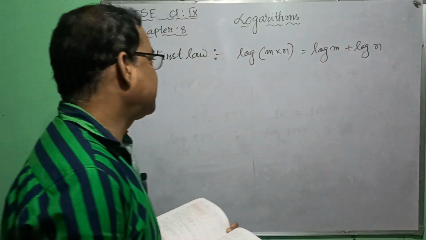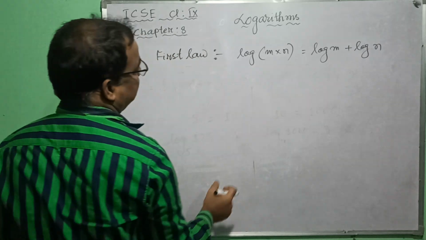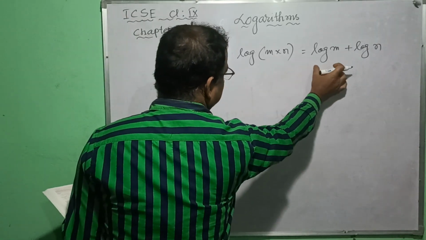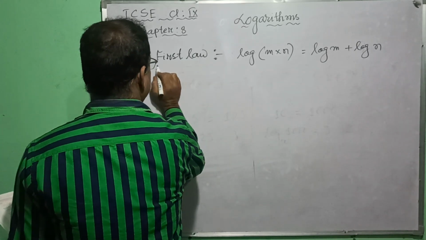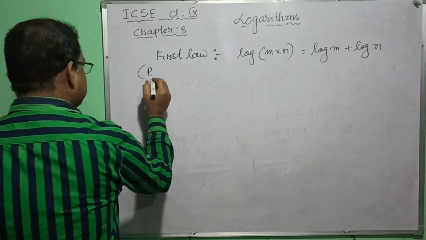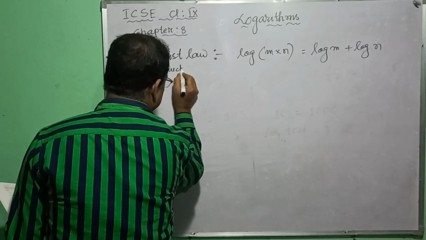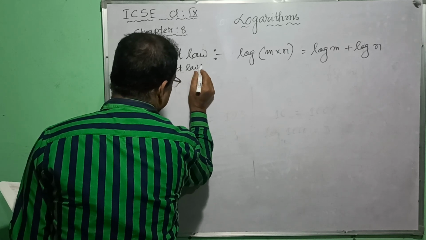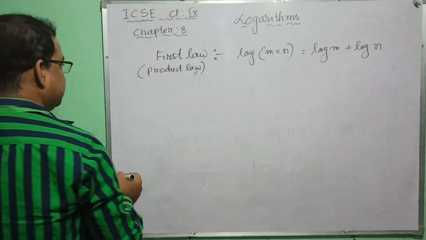So this is the first law. We can see that here 2 numbers are multiplied, but when we split it, it will be plus: log m plus log n. That's why it is also called product law. In bracket we can write product law. So this is first law.